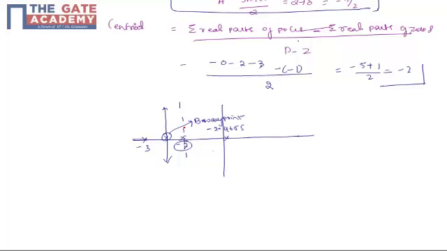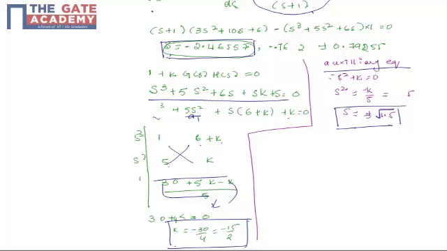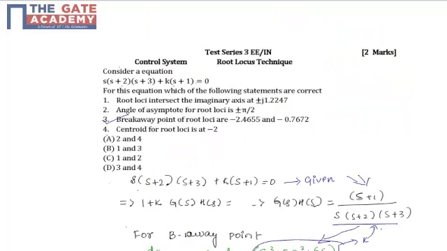And from this auxiliary equation we found that the root locus is not cutting the imaginary axis. That's why the first statement, that the root locus intersects the axis at plus or minus j 1.2247, is false.